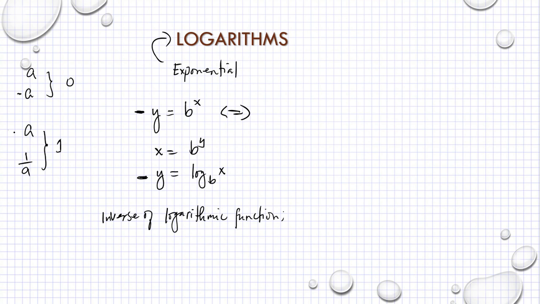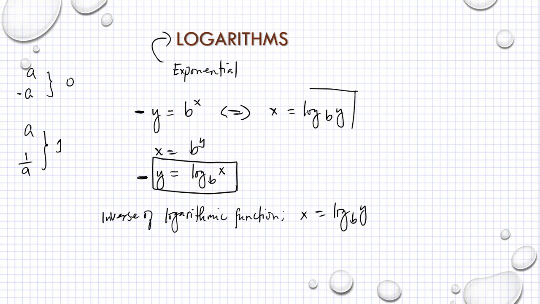And if I express this one as an inverse now, then I know that x is equal to the logarithm of y with a base b. So these two are supposed to be equal, one expressed in logarithmic form and one expressed in exponential form. So this is a very important definition.